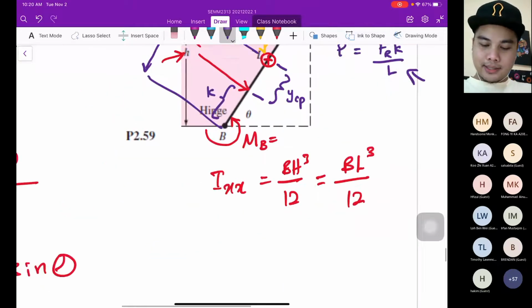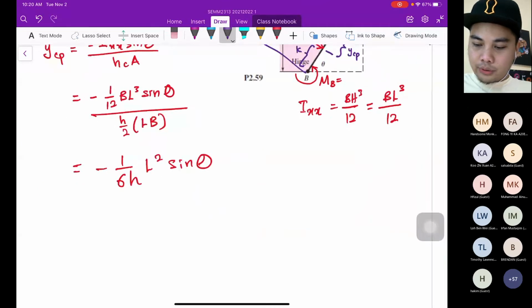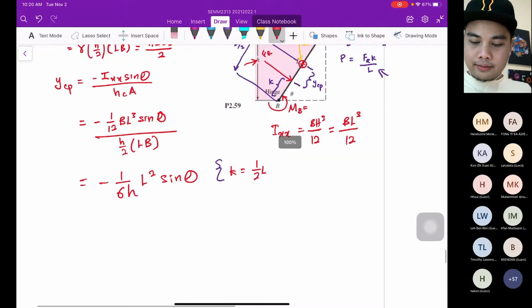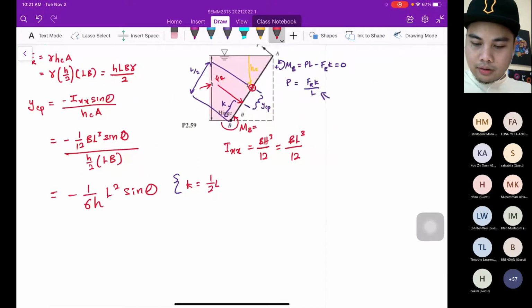Yes, very simple. In order to get K, L over 2 minus with YCP.